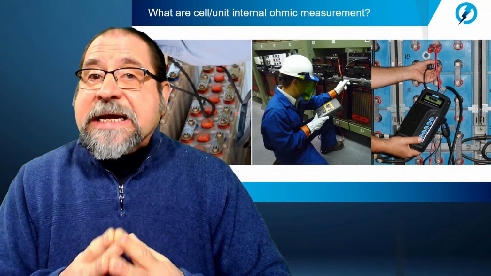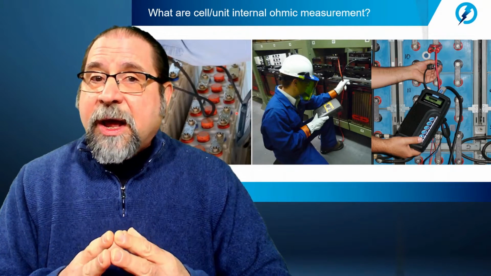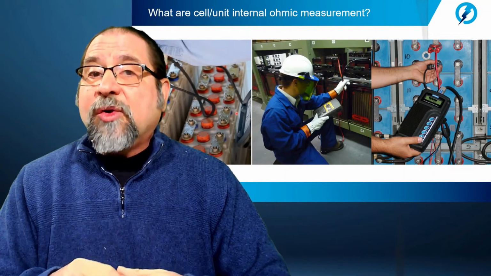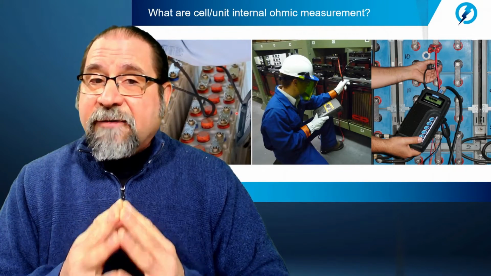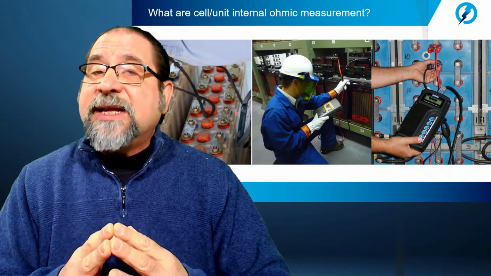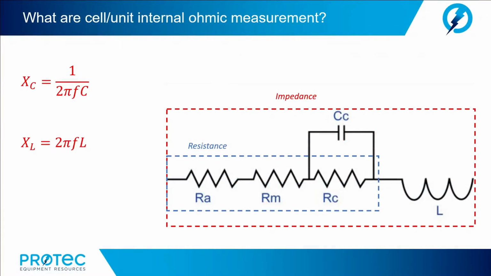On the other hand, DC resistance of a cell is measured by a third manufacturer's equipment by applying a DC load across the cell or unit and measuring the step change in both the voltage and current to calculate the internal DC resistance of the cell or the unit. Now, it is important to note that because of the rapid development of the market for ohmic measurement devices, there were no standards developed or used to mandate the test signals used in making ohmic measurements.